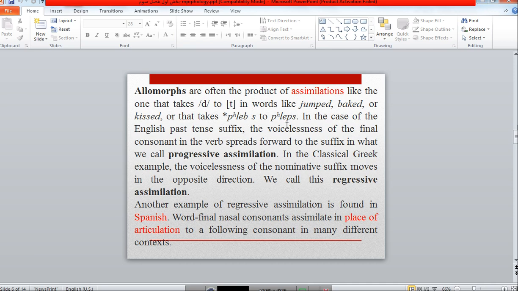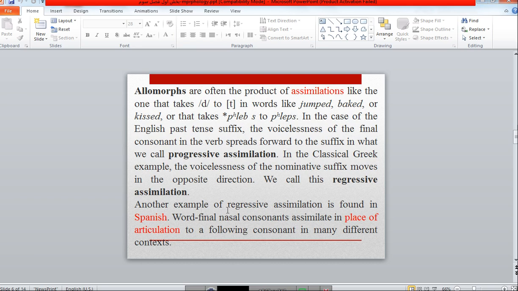In the case of the English past tense suffix, the voicelessness of the final consonant in the verb spreads forward to the suffix in what we call progressive assimilation. In the classical Greek example, the voicelessness of the nominative suffix moves in the opposite direction. We call it regressive assimilation. So we have two kinds of assimilation.